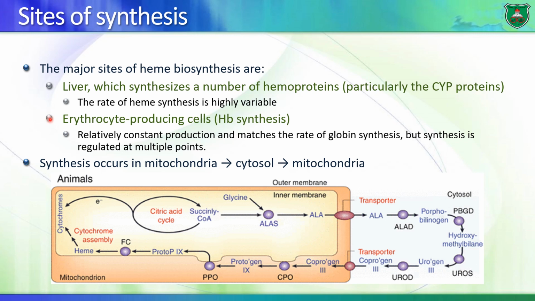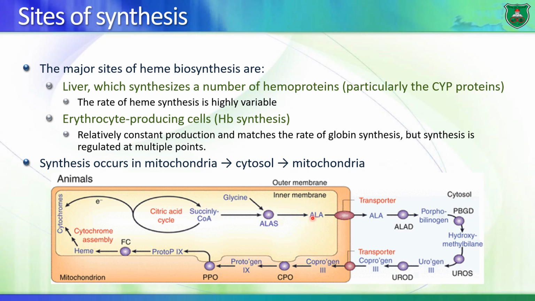Inside cells, synthesis starts in the mitochondria, then continues in the cytosol, and ends in the mitochondria again. Succinyl coenzyme A, an intermediate of the citric acid cycle, conjugates with glycine into a product known as aminolevulinic acid.